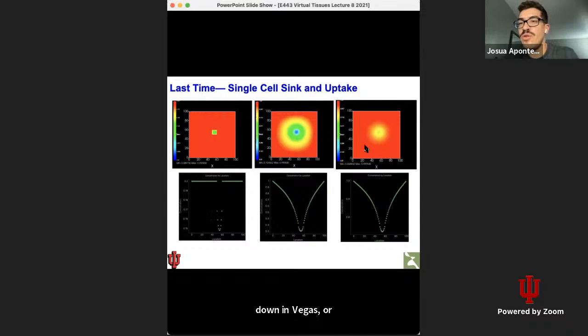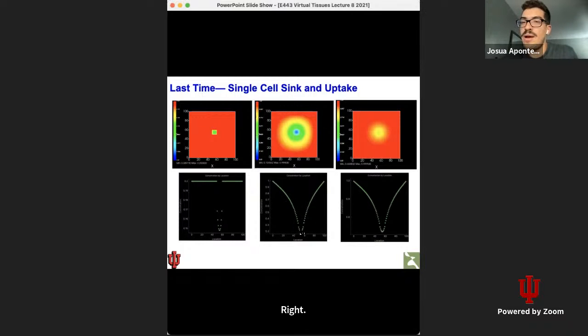In these two cases, I had a different initial or boundary condition. Instead of having the medium secrete, I had a constant value at the edges of the simulation domain. Then I had this molecule diffuse inward and be uptaken by the cell at the center, and the concentration profiles look quite different, right?